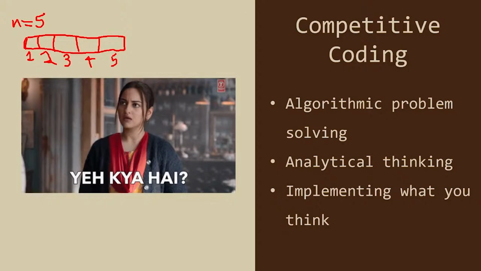You are given the size of the array and you have to generate an array of that particular size wherein the value at a particular index is not equal to the index itself. Say suppose this particular bucket is of the index 2, so I can store here either 1, 3, 4 or 5, but not 2.